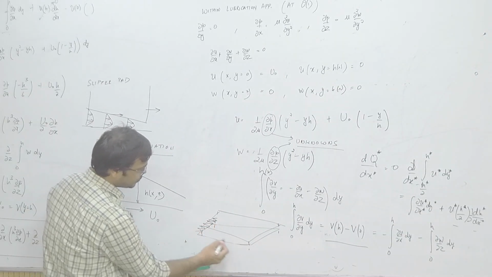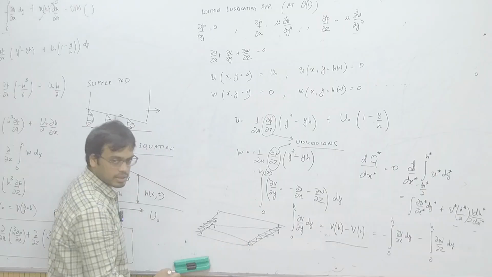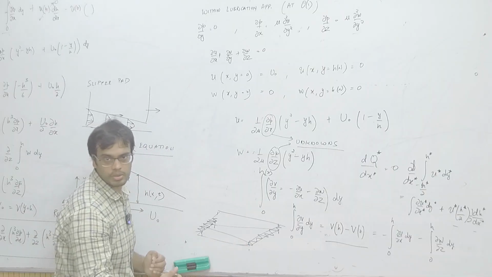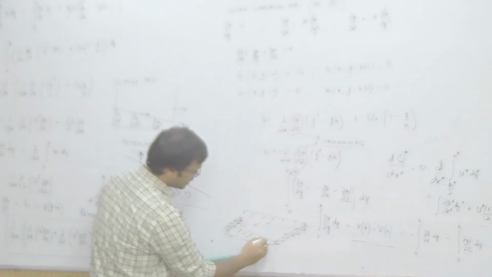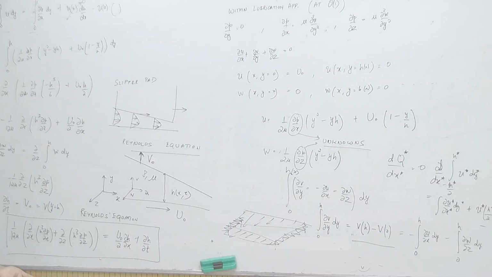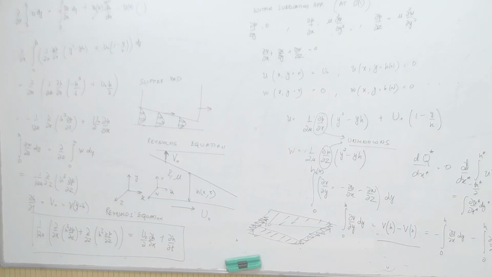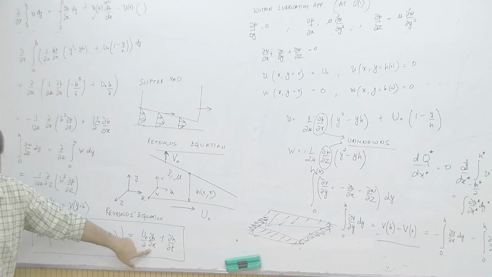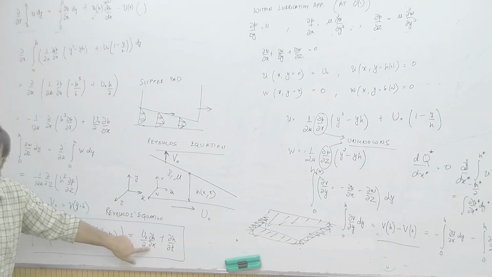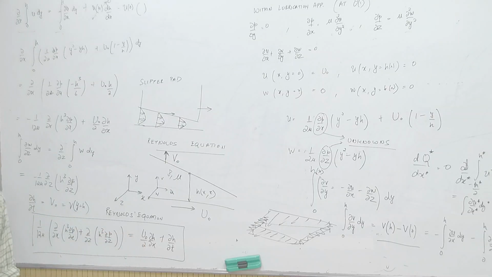On this face what is the pressure, on this face what is the pressure, that will give you the two x boundary conditions, and on the face behind and the face in front, what are the pressure values, that will give you the other two boundary conditions in z. And then you could solve for the pressure variation. Of course, to solve for that pressure variation, you need the information of the geometry, which is this del h over del x.